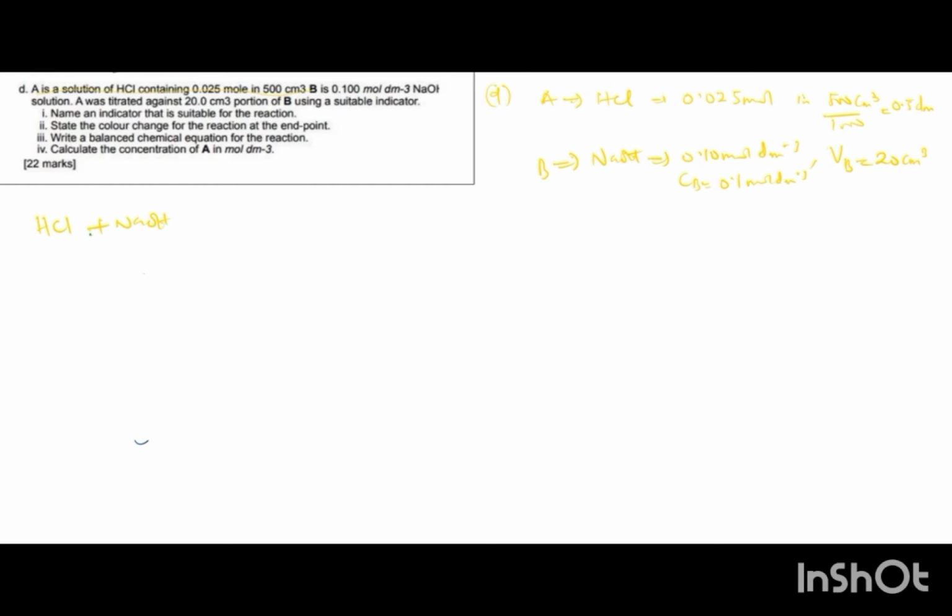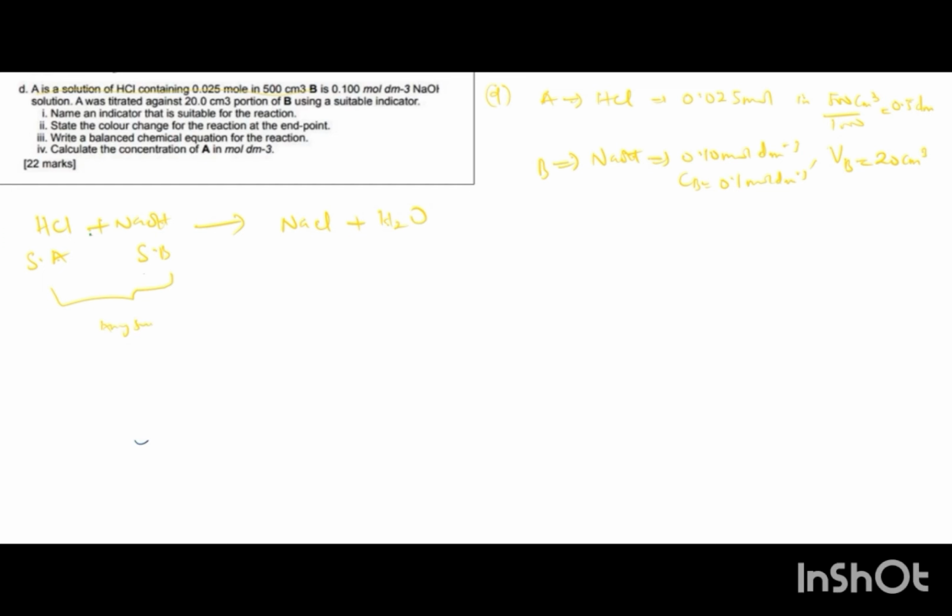Now, get it right. If you are using methyl red, you are going to get pink at the end point. Methyl orange is going to give you reddish orange. And phenolphthalein was colorless at the end point, a colorless solution.